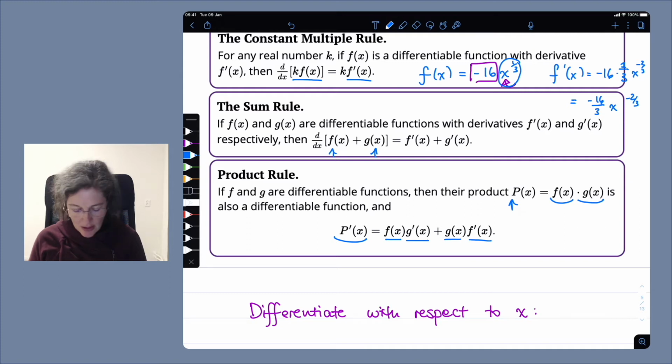And you can write this either way around, so it's the same as saying, okay, we write down g of x, take the derivative of f, and then write down f of x and take the derivative of g. So whichever way around you learned it, that's totally fine.